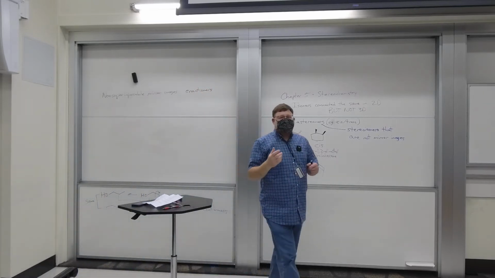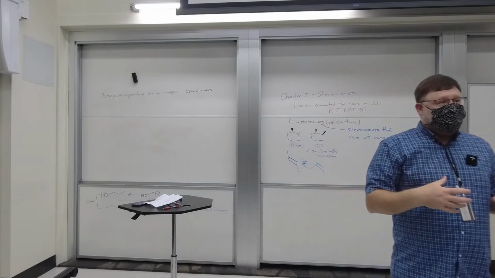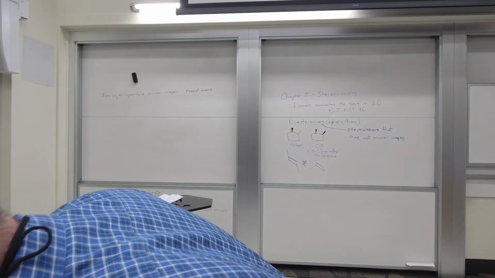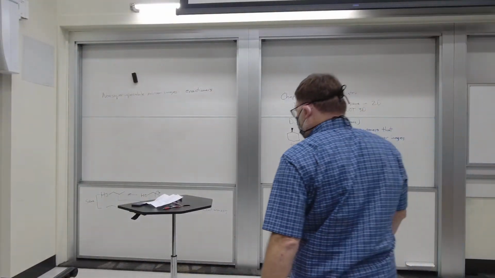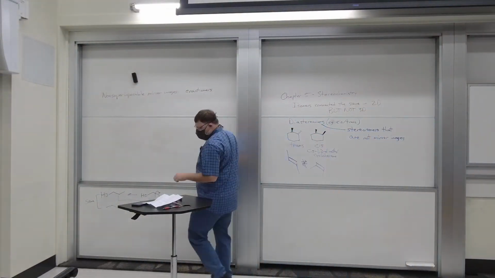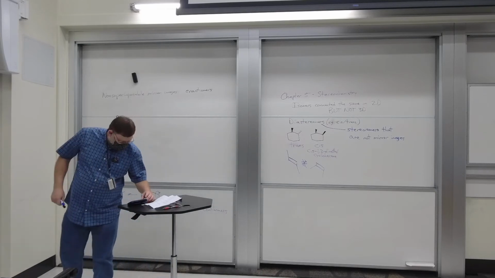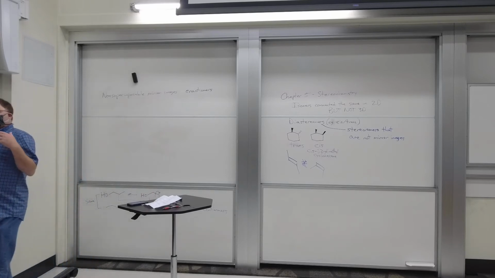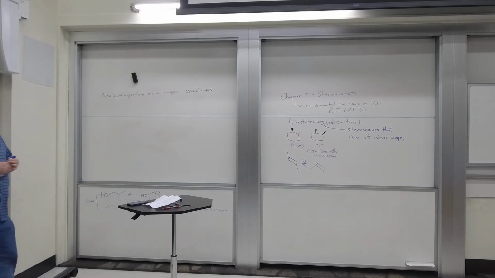Two molecules that are mirror images of one another but not superimposable are called enantiomers. They're also called chiral.